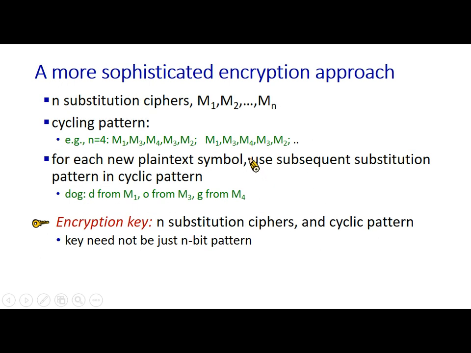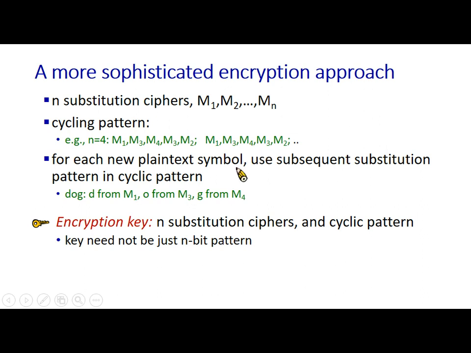Now a more sophisticated encryption approach, for example a polyalphabetic substitution cipher using substitution ciphers M1, M2, up to Mn, with a cycling pattern. For example, with n equal to 4, the cycle is M1, M3, M4, M3, M2, and then it repeats.